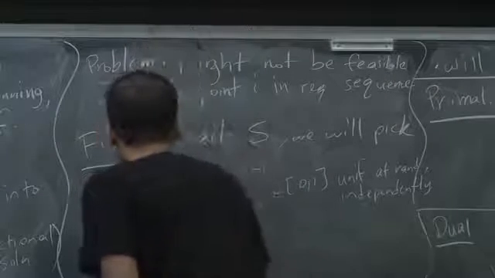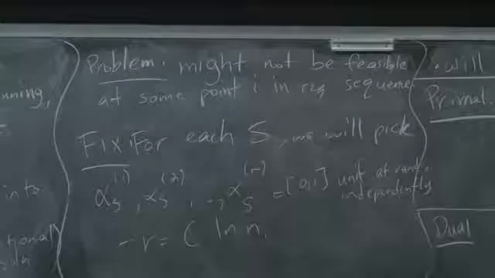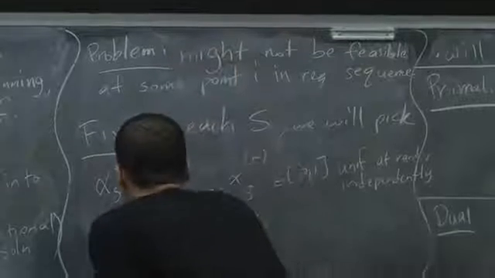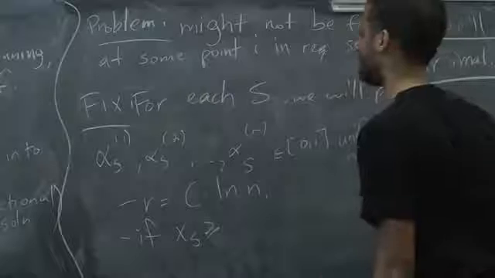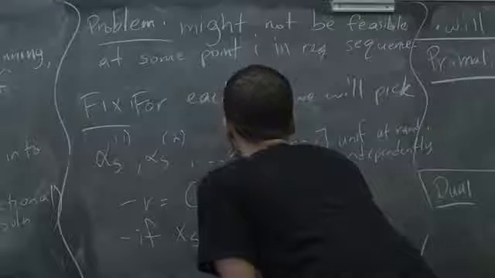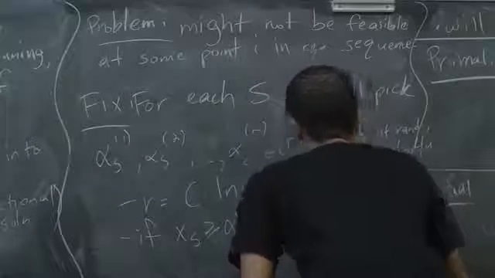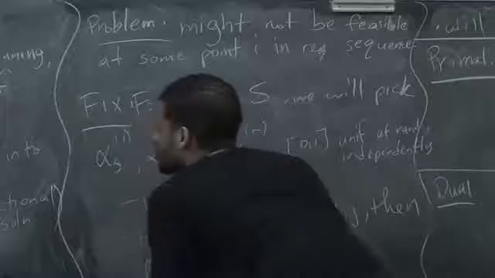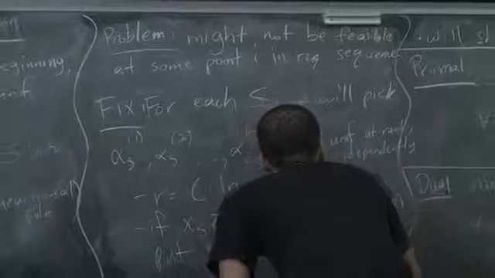And also r will be some big constant times ln n. Okay, and then if xs is bigger than or equal to alpha s j for any j, then put s into our solution.